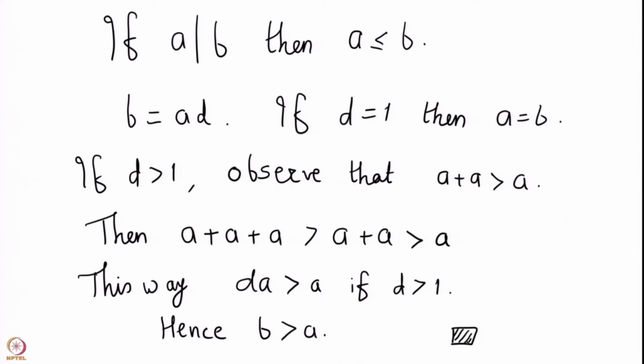Once again, there were two possibilities. Either you could write B as A into 1, in which case you get equality, or you could write B as A into D, which is bigger than 1, and then we get that B is strictly bigger than A. It is not equal to A, but it is strictly bigger than A.